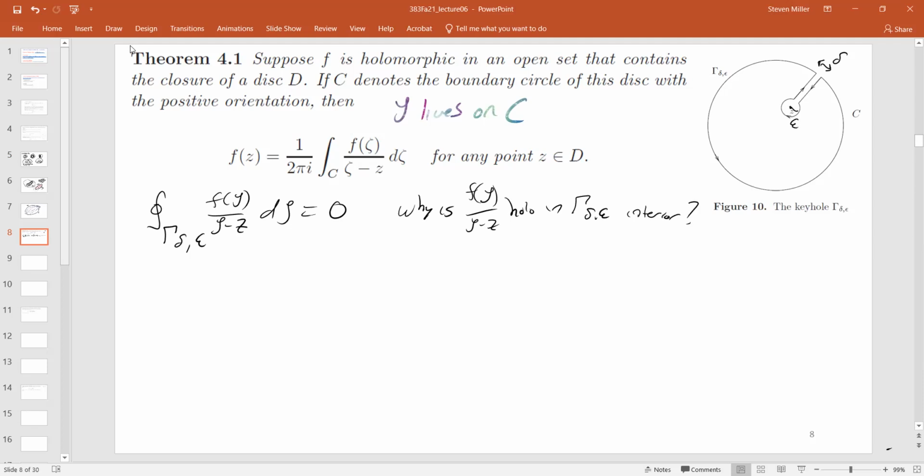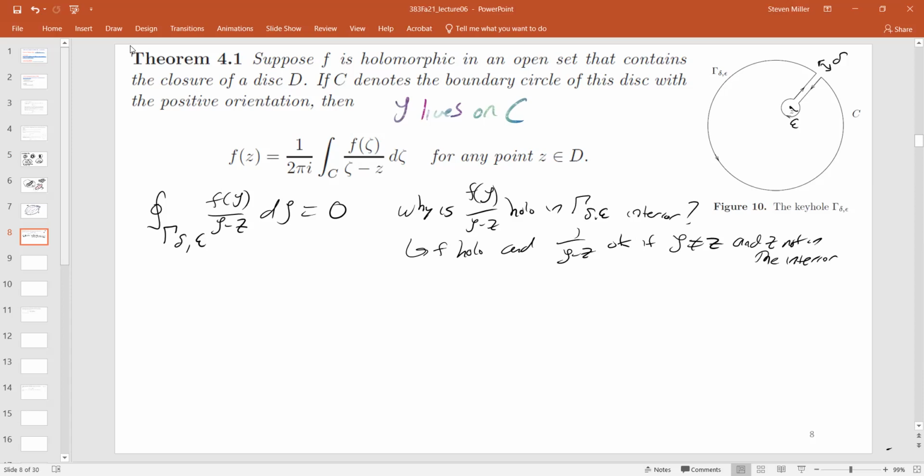F is holomorphic, and 1 over zeta minus z is okay if zeta does not equal z. And because z is not in the interior, we're okay.